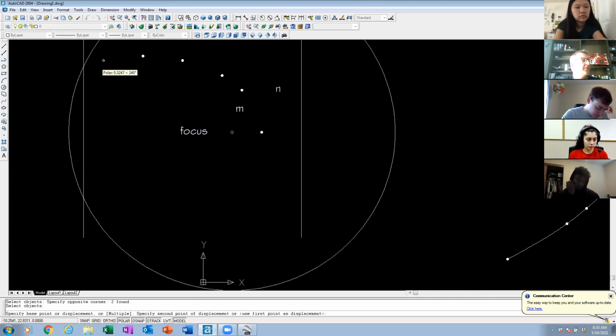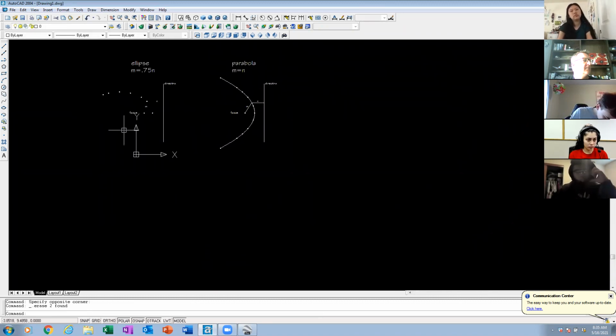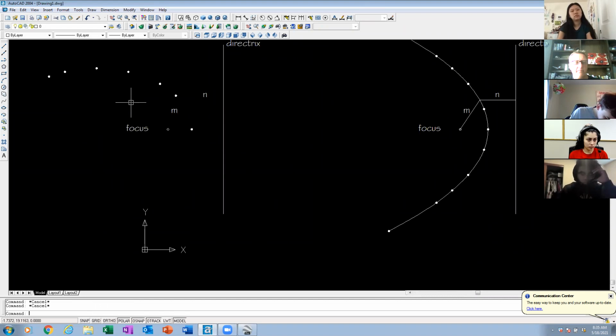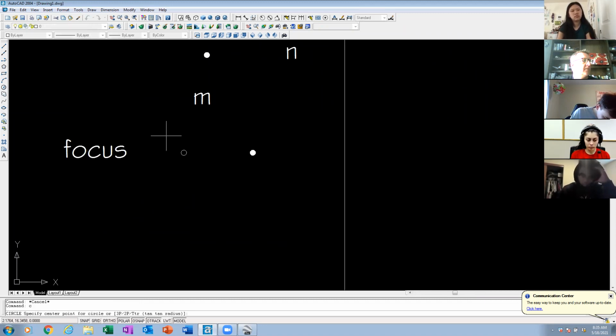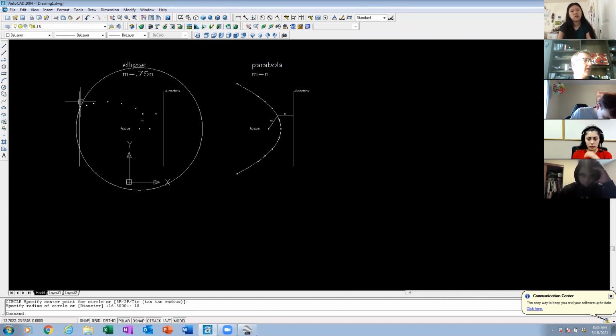So I'm just choosing sort of hundreds of points. Offset a distance of 24. That one's going to be easy because 3/4 of 24 is 18. A circle of radius 18.